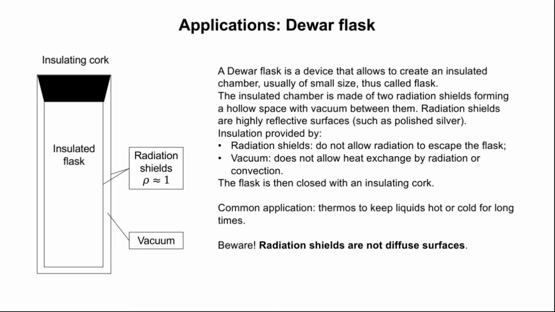To keep the flask insulated, the internal chamber is then closed with a cork made with an insulating material. A common application of Dewar flasks is the thermos, which is used to keep liquids hot or cold for long times. But beware, radiation shields are not diffuse surfaces, so many of the simplifications and approximations discussed so far won't work for radiation shields.